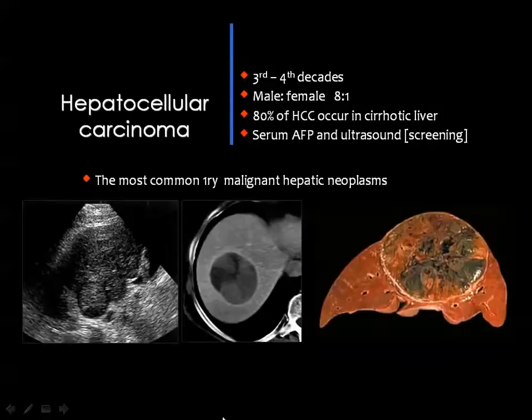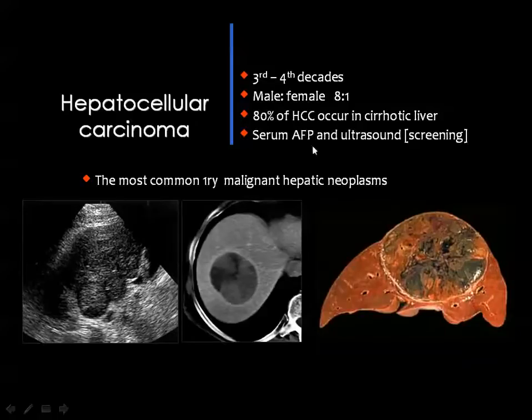You know that the most common primary malignancy of the liver by far is hepatocellular carcinoma, and it has a great intimate relationship to the liver cirrhosis. And 80% of hepatocellular carcinomas occur in the cirrhotic liver.